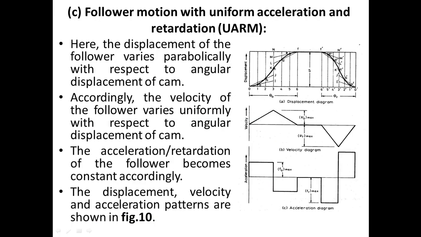Just now you have seen the construction procedure for URM. When the displacement varies parabolically with respect to the angular displacement of the cam, that is uniform acceleration and retardation motion, and you can see the velocity and acceleration plots shown here.